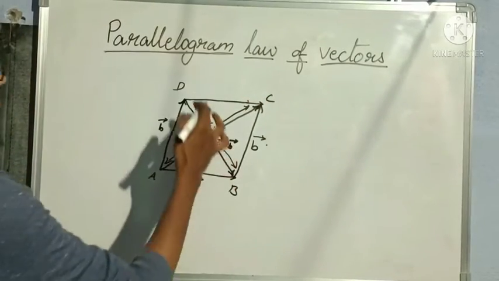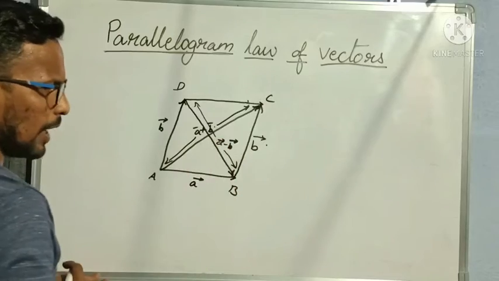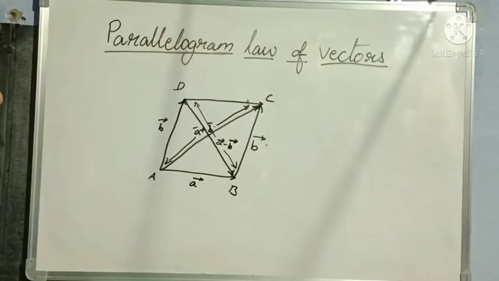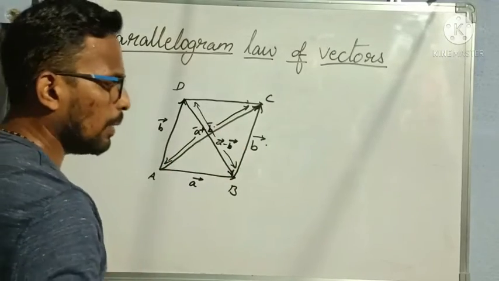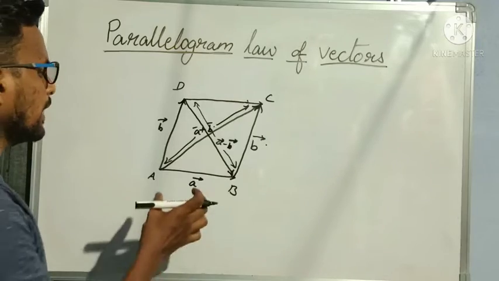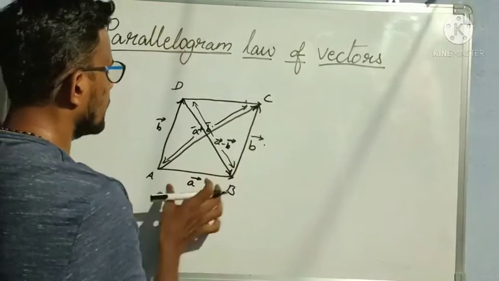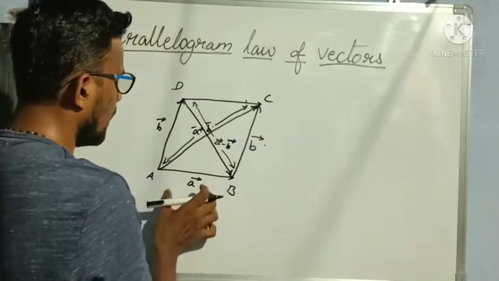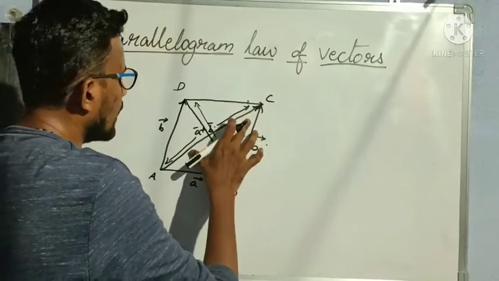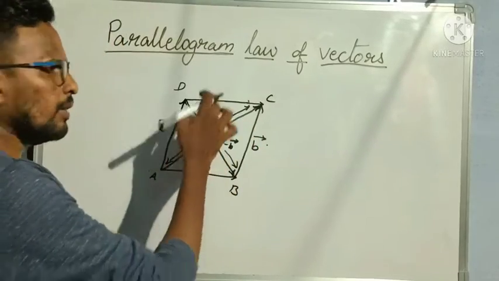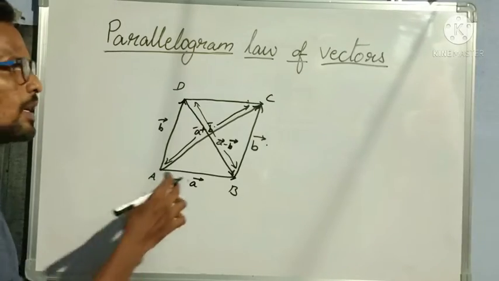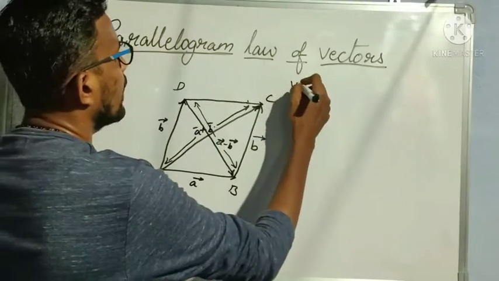So whenever we take a parallelogram such that the parallel sides are a bar and b bar, then the longest diagonal becomes a bar plus b bar and the shortest diagonal becomes a bar minus b bar. This is the parallelogram law of vectors, very important.